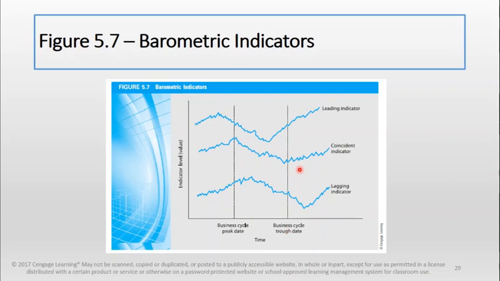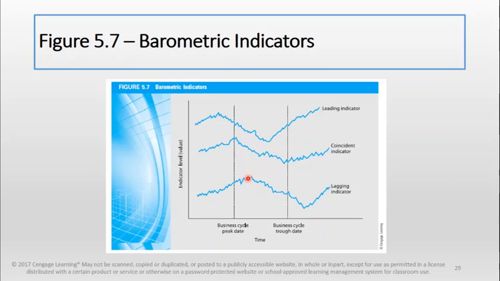Now, coincident indicator follows the normal level. It peaks at the said peak date and then decreases at the said decrease date. Now, lagging, this one lags. The peak happens after the said business cycle peak date.